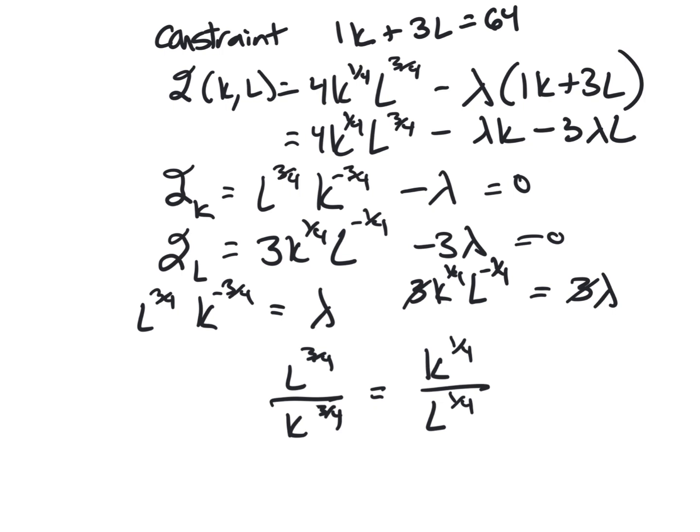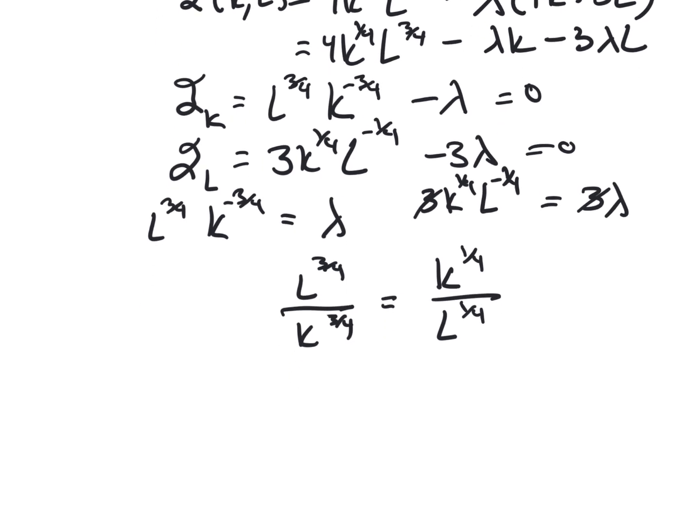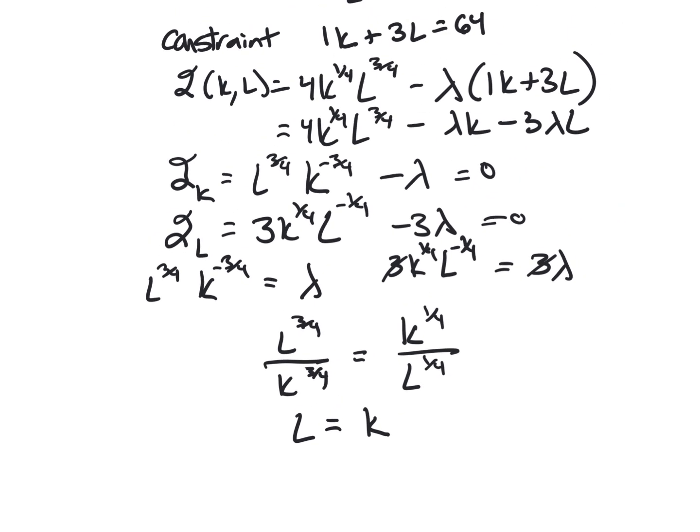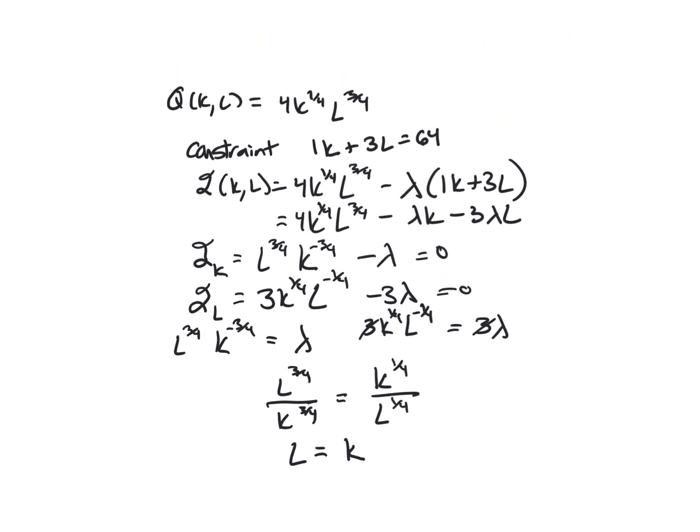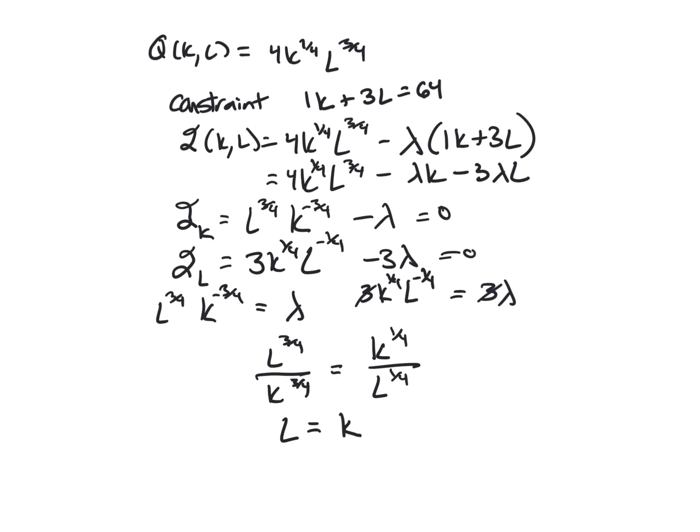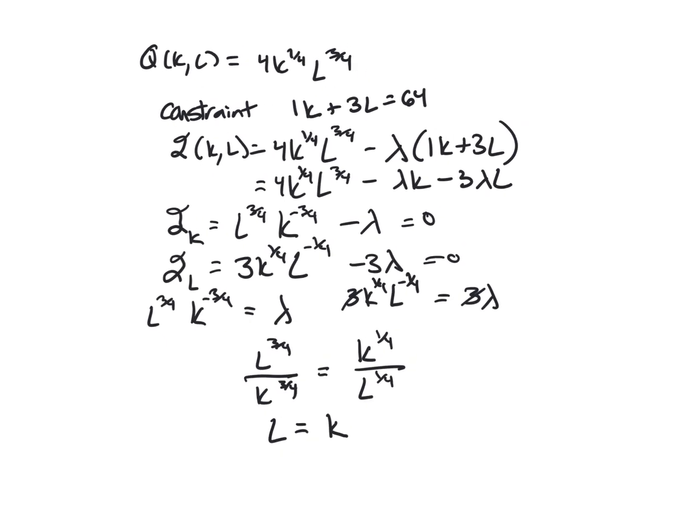So if I multiply across here, notice I get L to the 3/4 times L to the 1/4. Same base, you add exponents, so it'd be L to the 4/4, or just L. And then when I multiply across K to the 3/4, again adding exponents, it's K to the 4/4, or just K. So it looks like for the optimal or critical point, it's when L equals K. So let's go back to our constraint equation, which was K plus 3L equals 64.